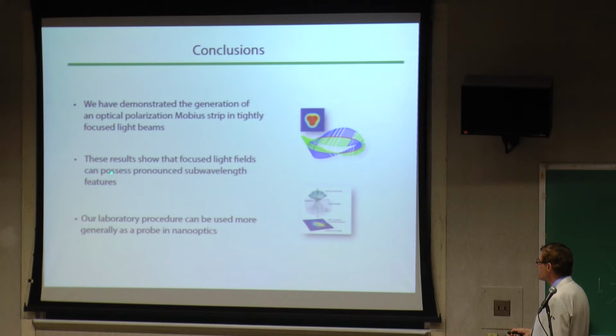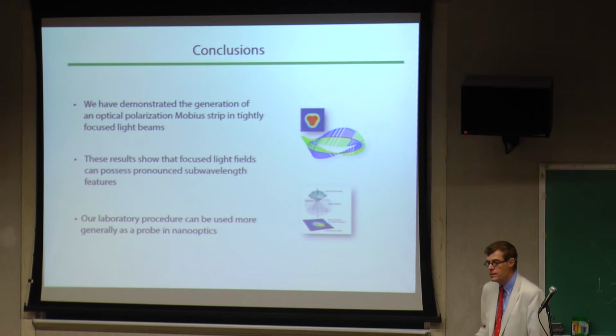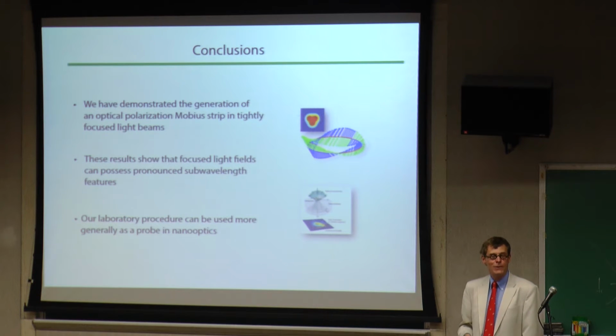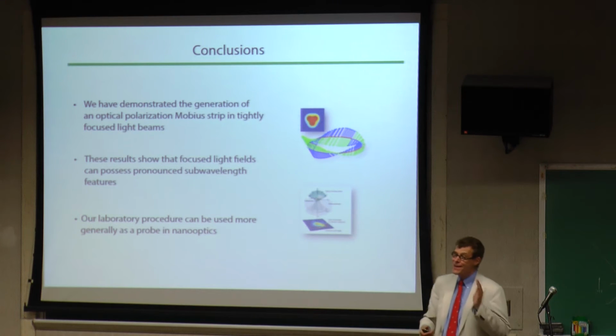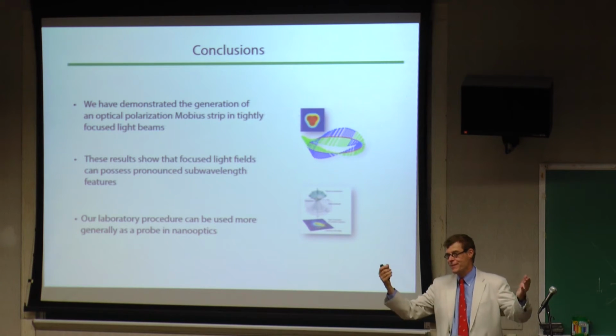Well, I think one is that these results show that focused light fields can possess pronounced subwavelength features. If you know about Gaussian laser beams, you say, well, it's a Gaussian here, and it's a Gaussian in the focal plane. What's the big deal?